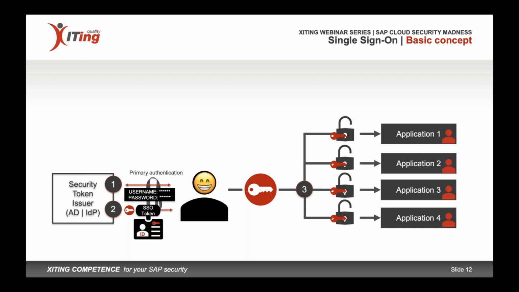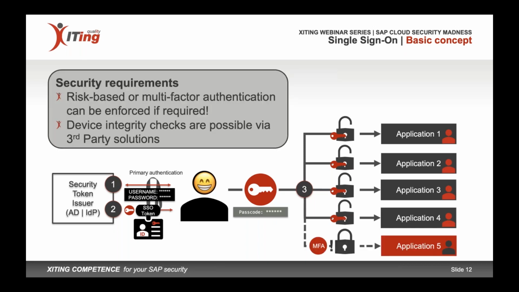And there may be applications that are not allowed to use single sign-on, and they can, on top of that, enforce a risk-based or a multi-factor based authentication anytime. So you can also integrate with third-party solutions, for example, to have more security components like checking for company device and all that stuff.